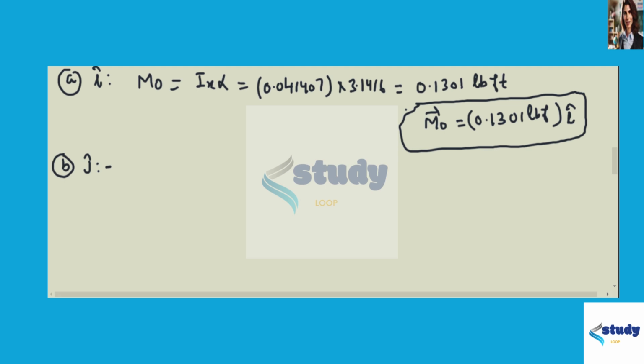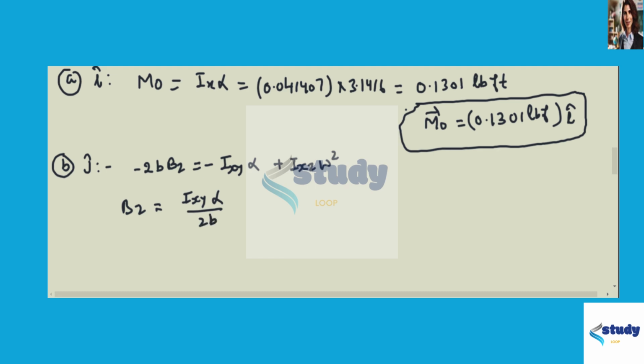You will get minus 2b Bz is equal to minus Ixy alpha plus Ixz omega square. Since omega is 0, this term becomes 0. So Bz is Ixy alpha upon 2b.